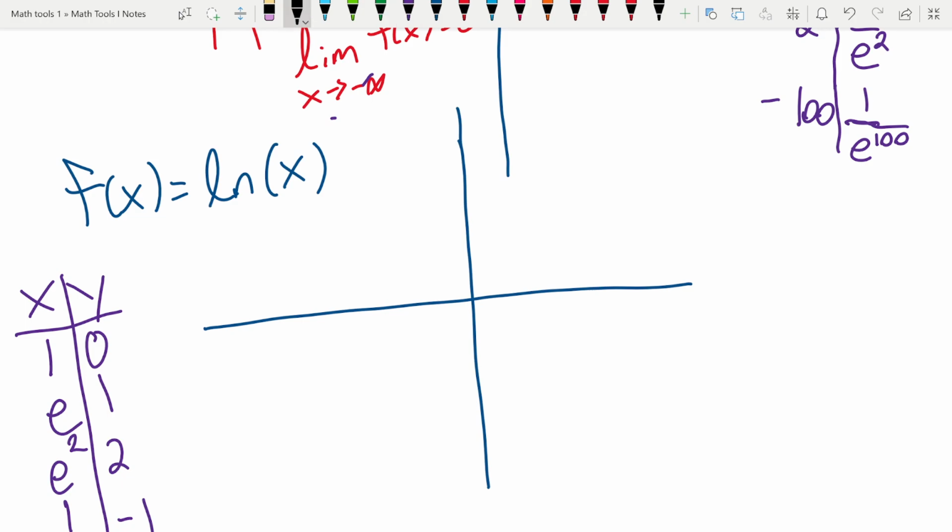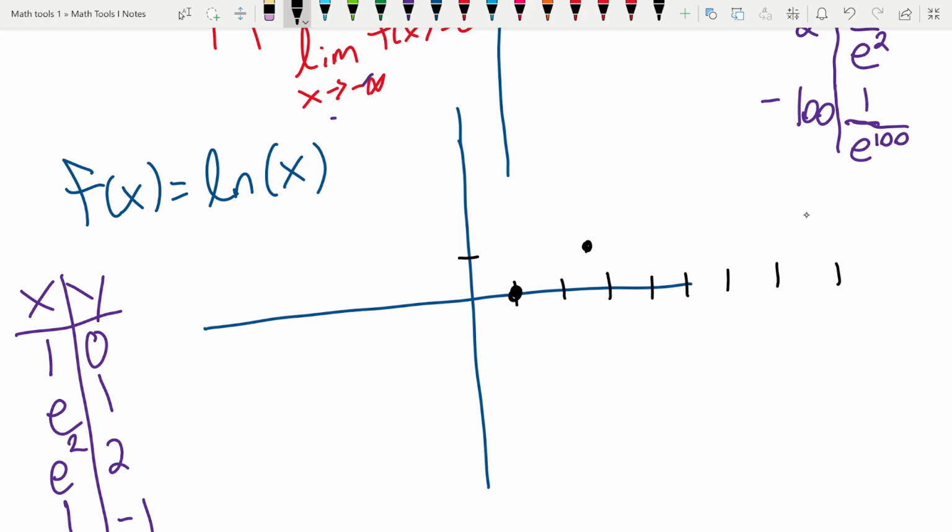So we're going to have a point at 1, 0, e, 1, which will be about right here. Okay, e squared. So we have 1, 2, 3, 4, 5, 6, 7, 8.